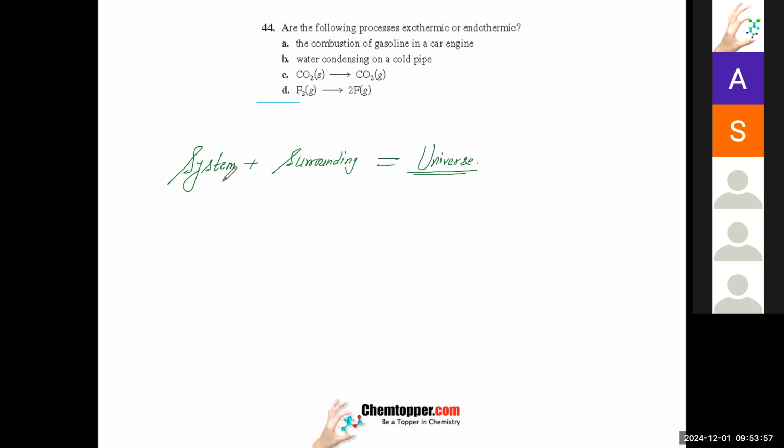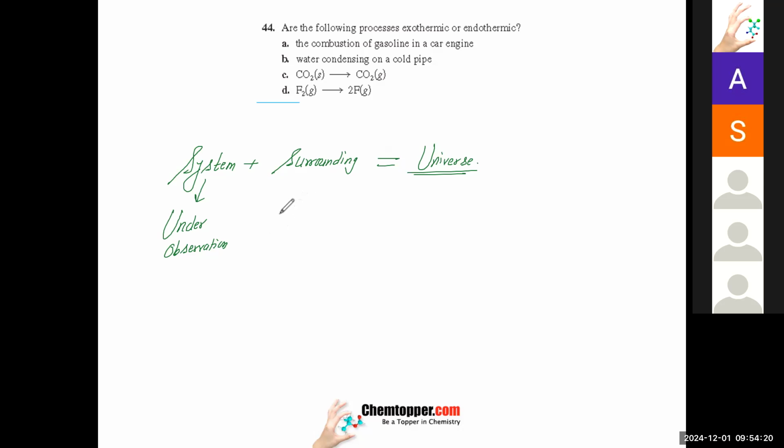Universe. System for a chemist is the part of the universe under observation. Your chemical reaction, whatever you are observing, is the system. Everything around it is the surroundings.